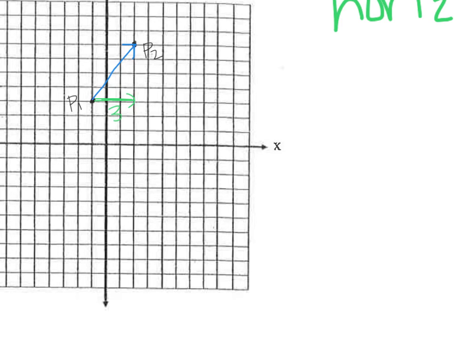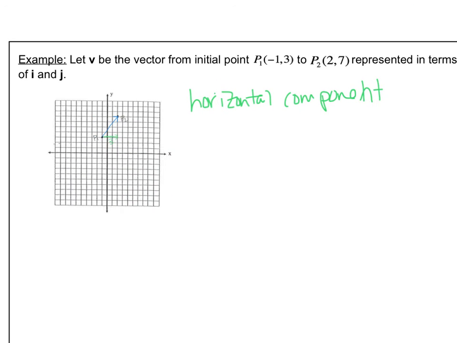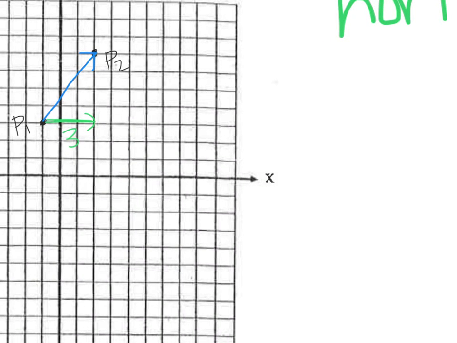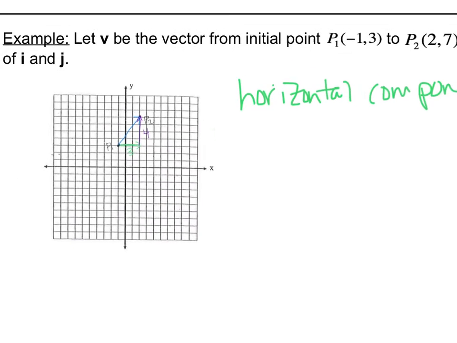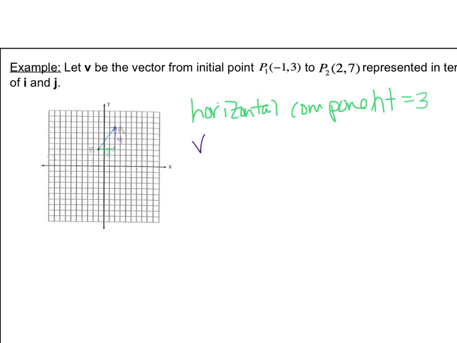That's moving over 3. So the horizontal component is 3. And then I also need the vertical component to get to P2. That's 1, 2, 3, 4. Had I gone down, it would have been -4, but this one it goes up, so it's +4. So the vertical component is +4.